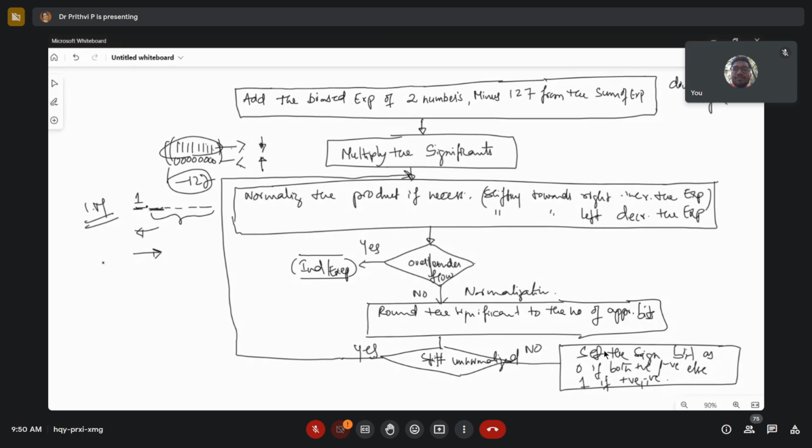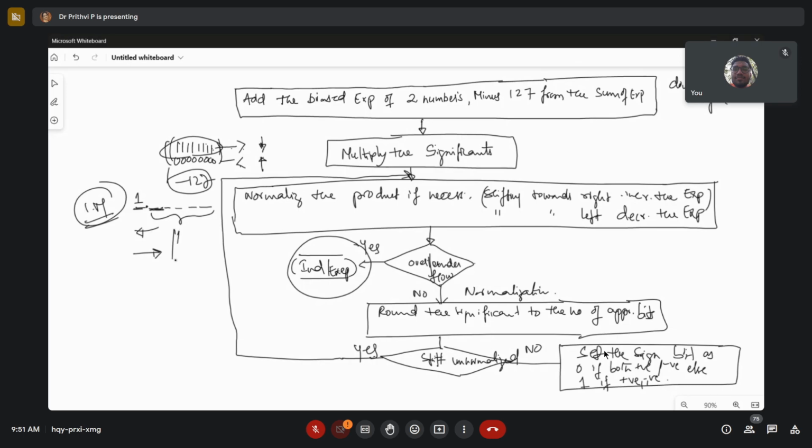Now after doing this underflow or overflow adjustment, if you are still not getting a normalized form, like you are not getting this 1 point m, again there should be an adjustment done there. Both things we have to do in parallel. This condition is indicated, and what has to be done is decided by how many times it has to be left shifted or right shifted.